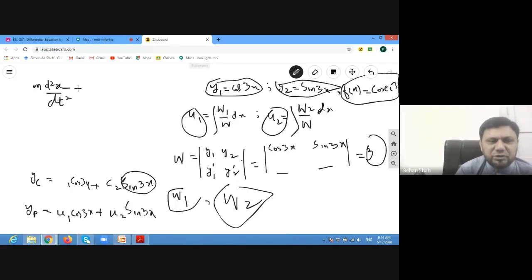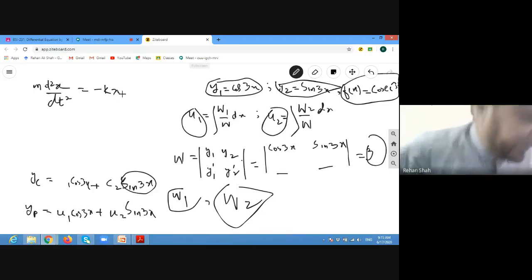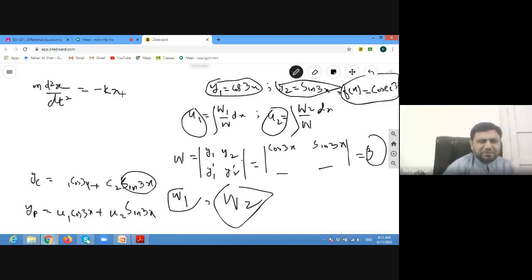So this is the equation of a mass attached to the spring. This is x. What is x? x is displacement.